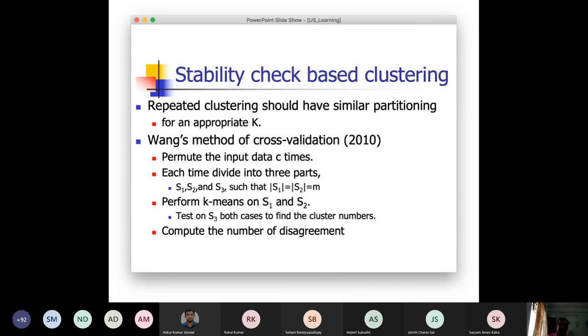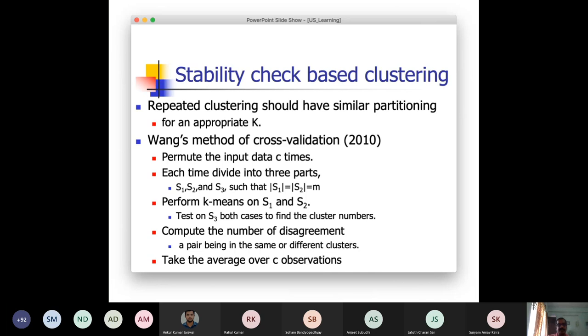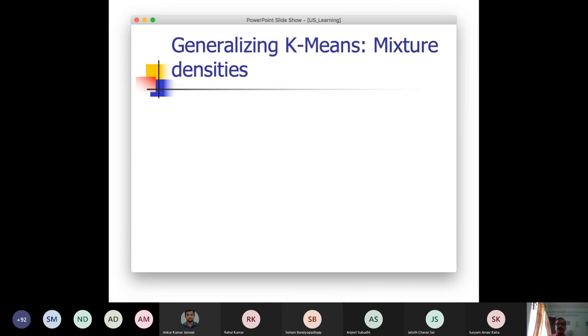That is the kind of stability that is captured in the stability measure. So we compute the number of such disagreements, a pair being in the same or different clusters, and take the average over C observations. So naturally, for a good value of k, the number of disagreements should be small. So that is the measure for stability check based clustering.